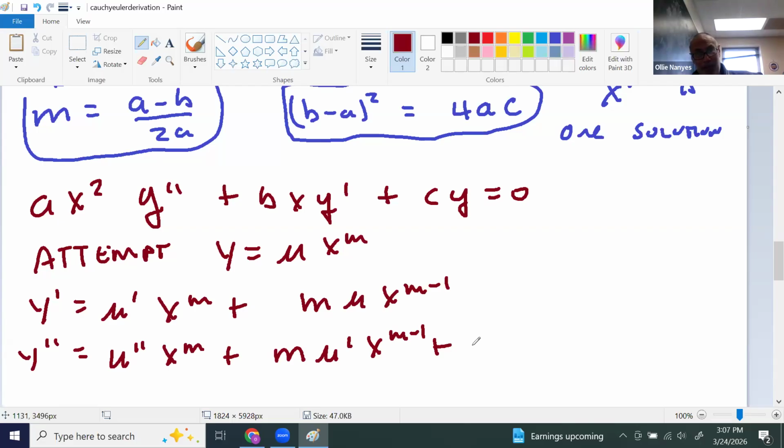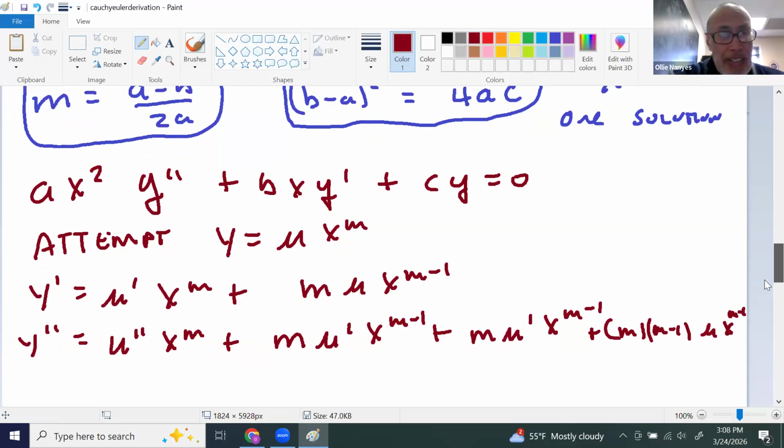Then we take this derivative, and u prime x to the m minus 1, and then plus m times m minus 1 u x to the m minus 2.